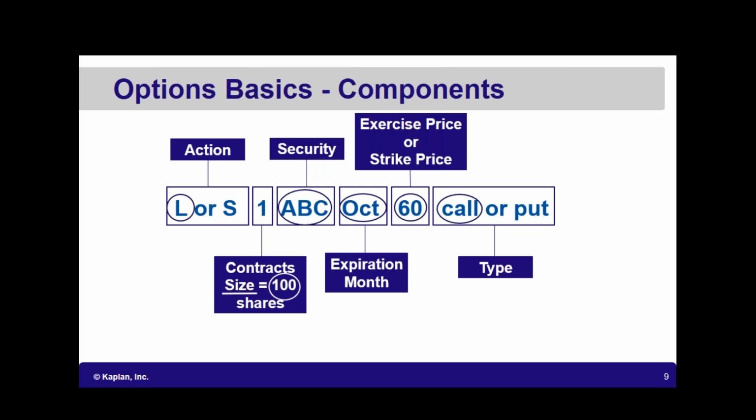Now, if ABC stock is trading at 55, then it wouldn't really be a reason to buy it at 60. But if ABC stock is trading at 75, then I'm happy because I've locked into that contract and I'm going to go to the seller of that contract and knock on the door.